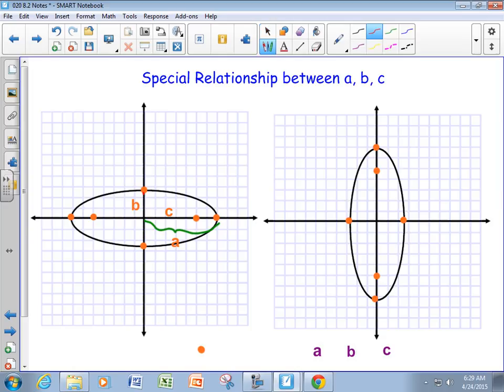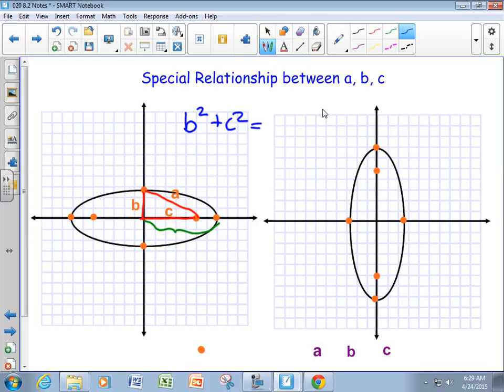So what I want to show you is that we could actually make a right triangle out of this distance C and this distance B, and then if we connect the two, we have this right triangle. And so we know with a right triangle, we could create a Pythagorean relationship. In this one, we would say b squared plus c squared equals this hypotenuse squared, coincidentally, always ends up representing this A length.